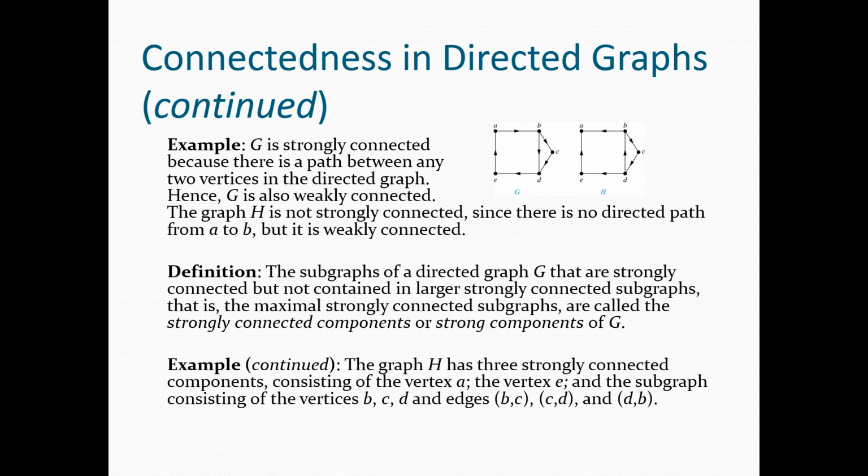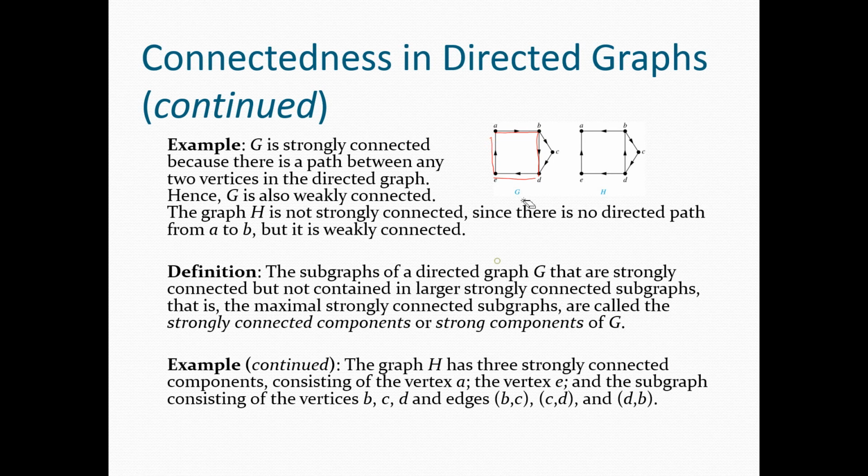So here is the example of both types of graph, strongly connected and weakly connected. Let's start from G. Let's try a path from A to D. Okay, so we have a path from A to D, right? Now, whether there is a path from D to A, yes, there is a path from D to A as well, right?